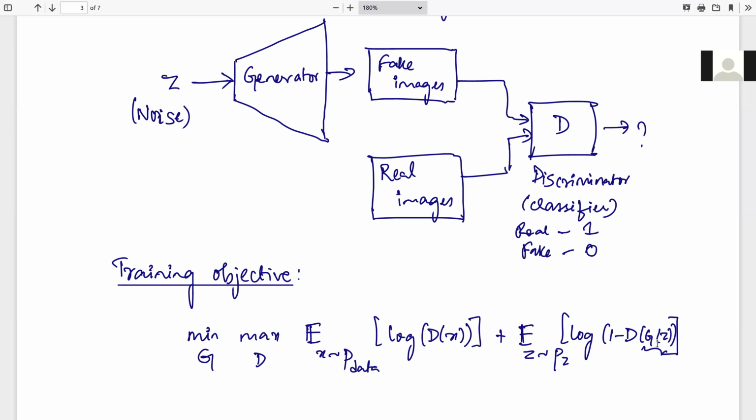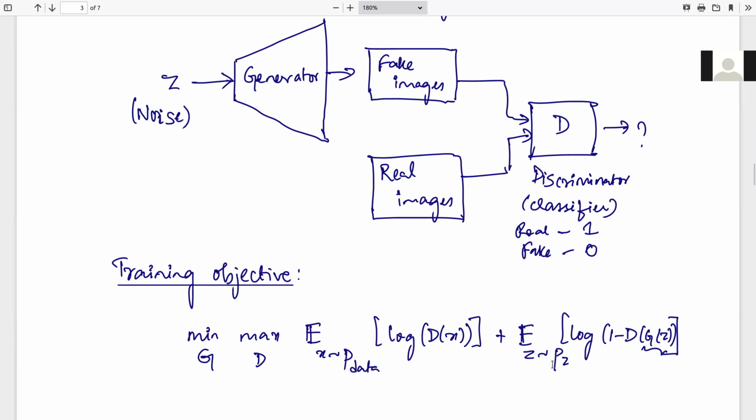And what is the goal of the generator in this? The generator is trying to fool the discriminator, right? So in case of the generator, it wants the discriminator to predict these generated inputs as real inputs, right? So for that, the generator will make sure that this value is being minimized.